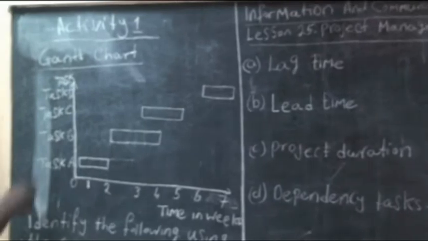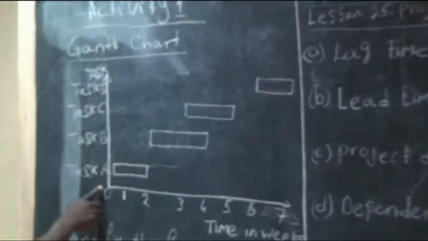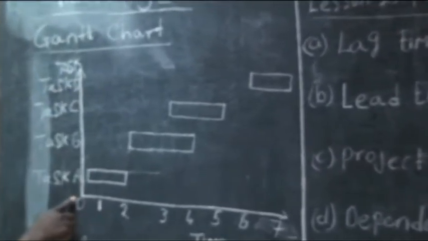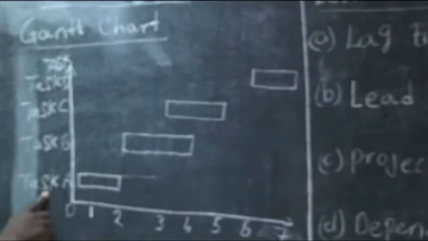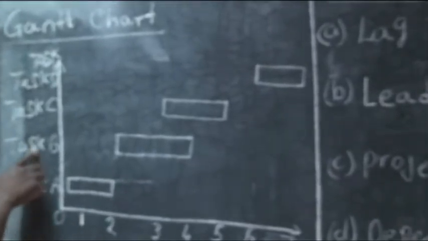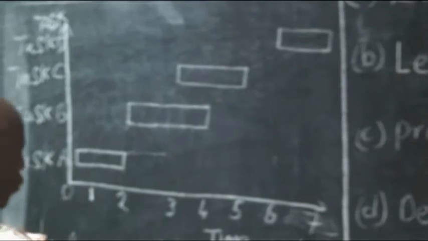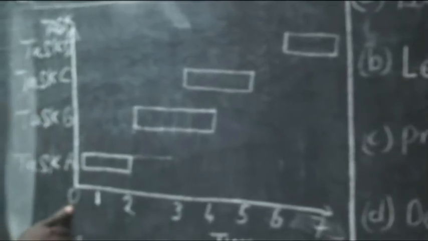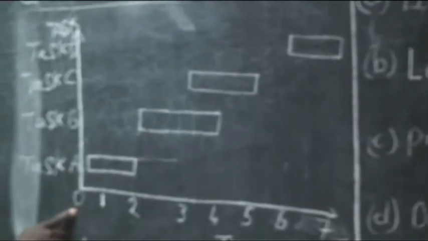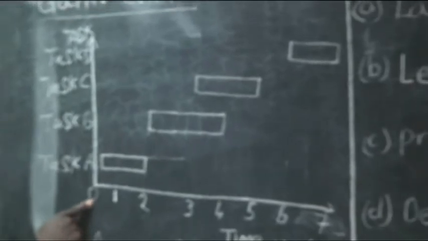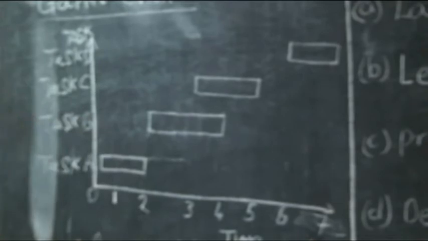The Gantt chart has a vertical line that shows the various tasks: task A, task B, task C, task D. And the horizontal line that shows the time in weeks. The project has 7 weeks to carry on the project.